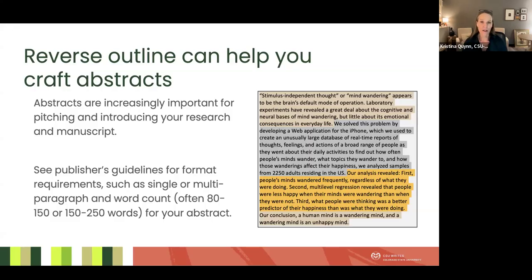Abstracts ultimately are increasingly important for pitching and introducing your research in a manuscript. A number of the LLM literature review softwares rely on abstracts, by the way. So I think that they will be increasingly important through the AI generation and as the AI technology moves forward. That's awkward, but you get my point.